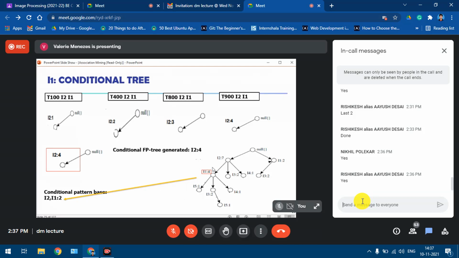And your frequent pattern set will be I2, I1, append I1, and the support count is 4. Please understand this is 4. Kindly update this value as 4. Is this part clear, students? You can take this down. Any questions?